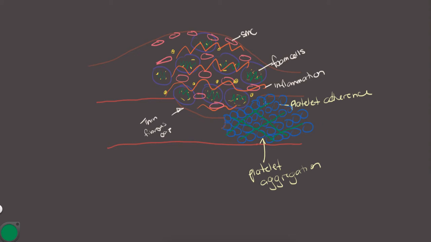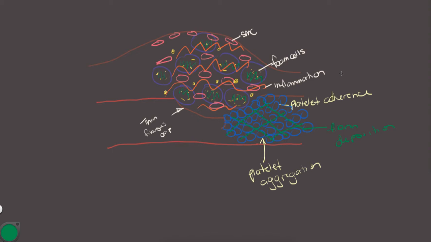Well, the problem with this is now we have clot formation. So very quickly we can go from a rupture of this fibrous cap, which is going to allow a small layer of platelets to adhere to the lining, to stimulation of both the clotting and thrombosis pathways, which leads to platelet aggregation and fibrin deposition. So now we have a clot formation.